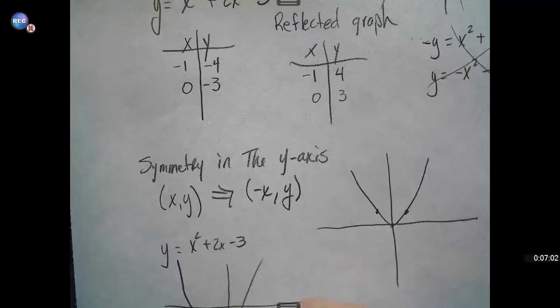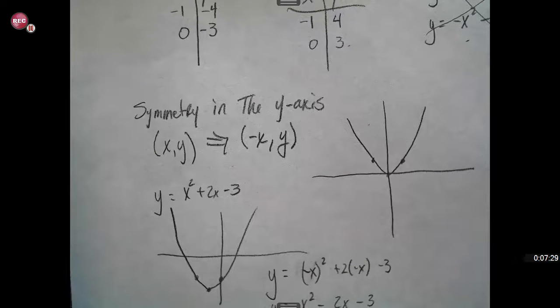And if I leave y alone and I change x, it would actually be minus x squared plus 2 times minus x minus 3, I get x squared minus 2x minus 3. That's close.